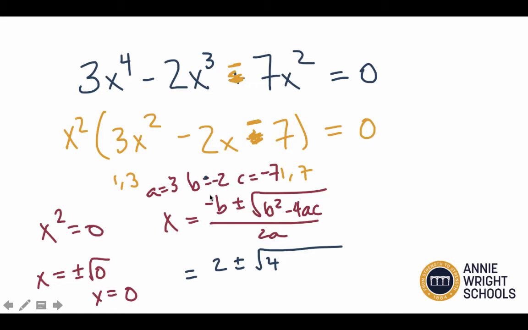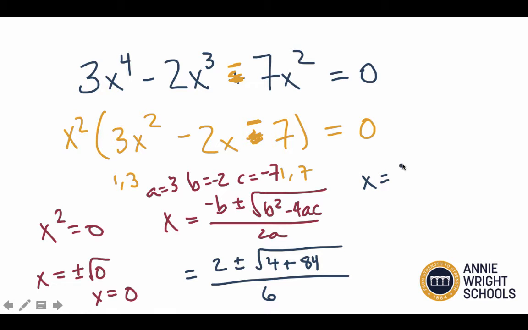If this is a negative number and you square it, it will always be positive. Minus 4 times a times c. So that becomes 4 times 3, which is 12. 12 times negative 7 is negative 84, so this becomes plus 84. And then that whole mess divided by 2 times 3, which is 6.